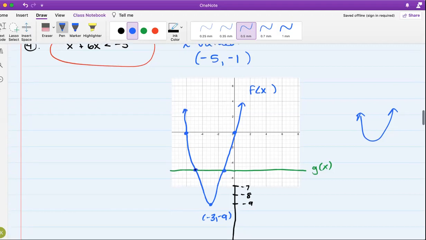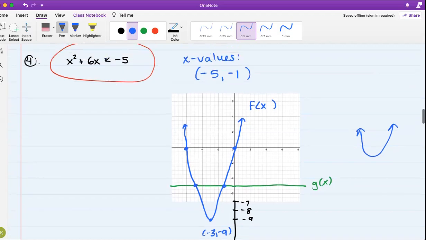And anywhere between those 2 points, our parabola is going to be below -5. Okay, so we're going to say anywhere in between these 2 points. So where do they actually intersect? To figure that out, we just set these two equal to each other. So we set the parabola, which is x squared plus 6x, equal to -5.